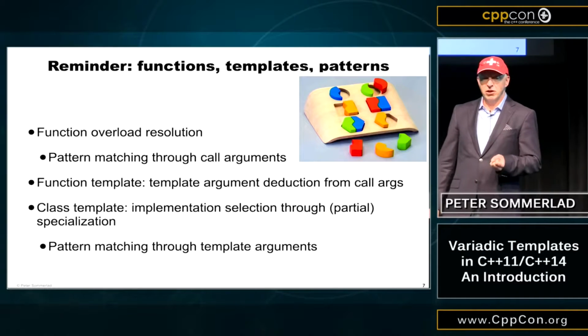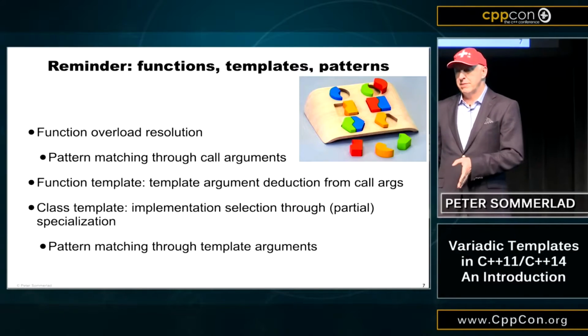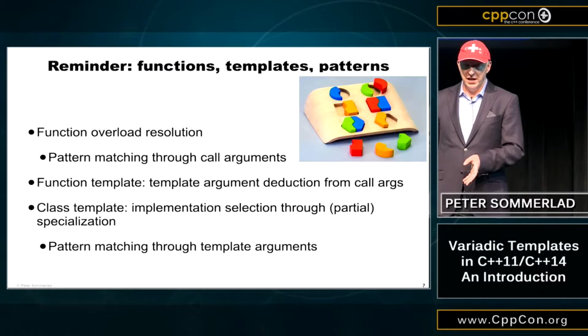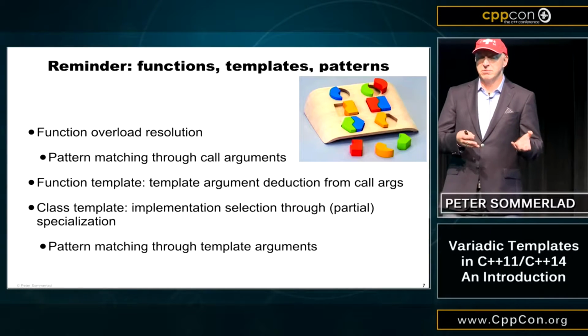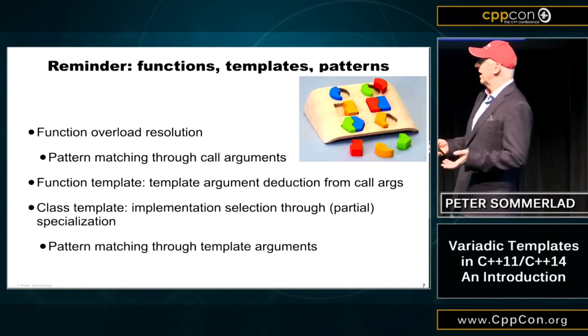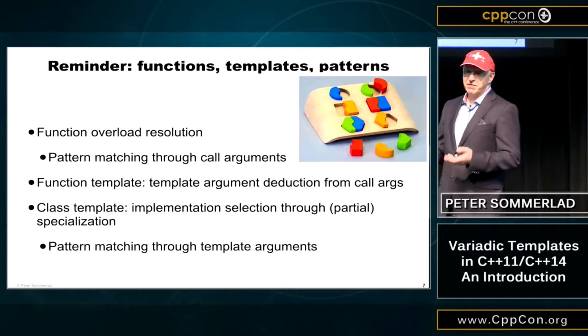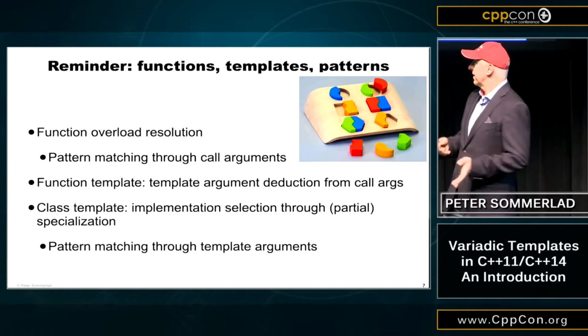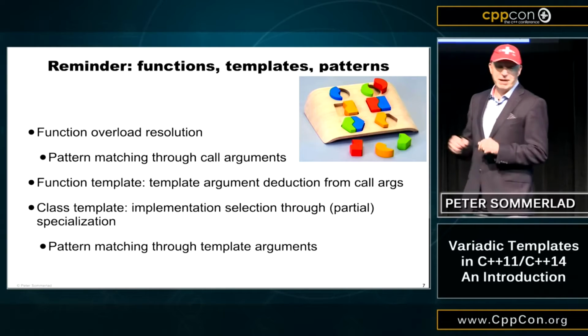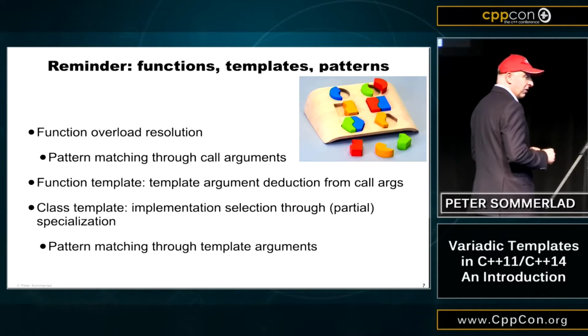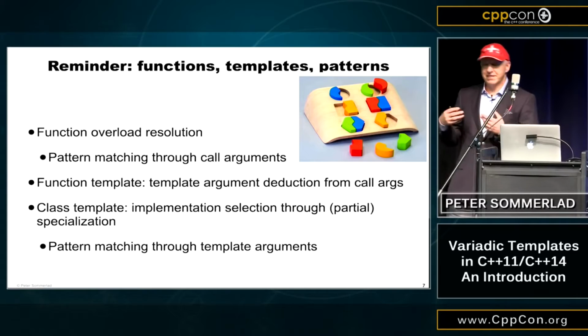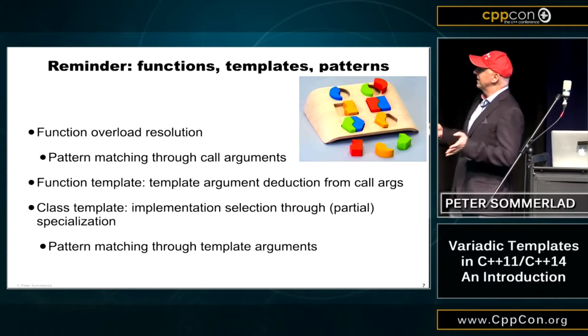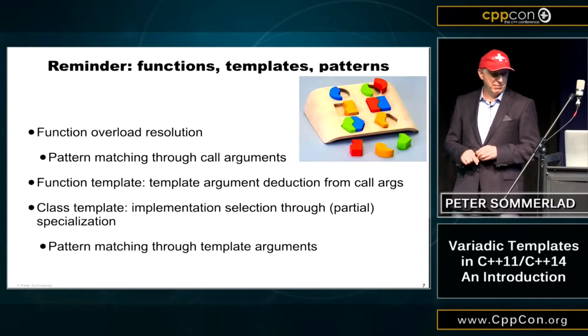So whenever you call a function, based on the type and the number of the arguments, the corresponding function will be selected by the compiler by magic. And if there are template functions in the game, even their selection and instantiation happens more or less by magic. I don't want to go into the details, but there is kind of a best match situation that actually happens.